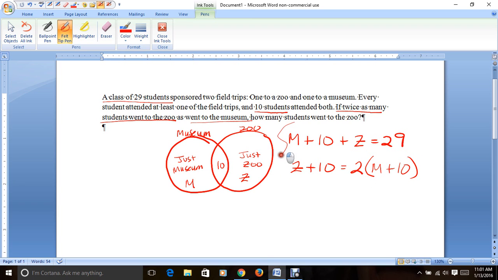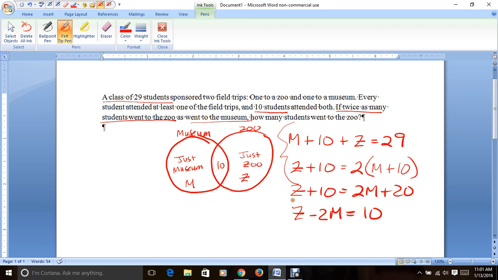So now I just have 2 equations and 2 unknowns, and I can solve this using elimination. So I'm going to rewrite the second equation. We'll just get these arranged. So the second equation, I'll go ahead and distribute that 2. So I'll have 2m plus 20. And then I'll subtract 2m on both sides, and I'll subtract 10 on both sides so I can get it to look like this.